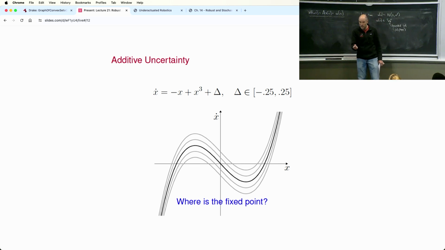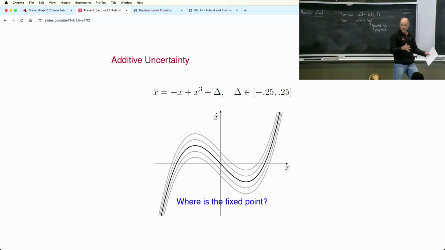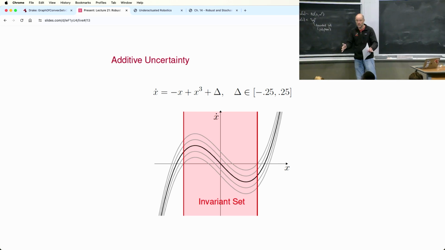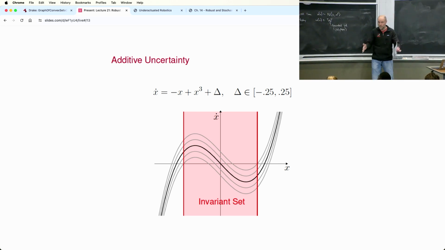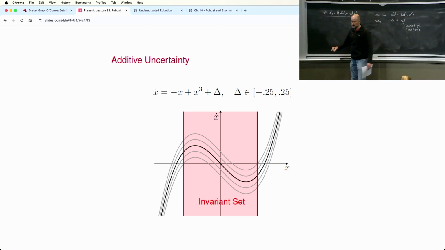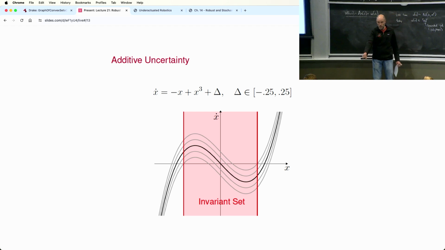You should instead be talking about, can I guarantee it's some invariant set? That's what we did back in the day too, was to say, can I say that all solutions are going to end up inside some region? And that's kind of the best you can hope for. You can't hope for, with additive uncertainty, to just converge exponentially or something to a goal.